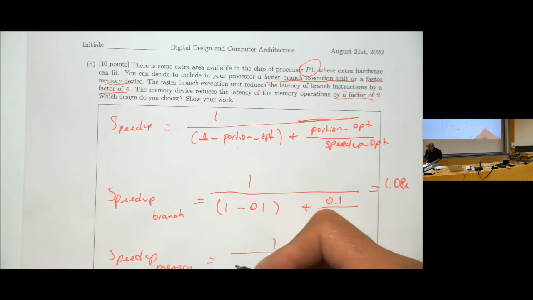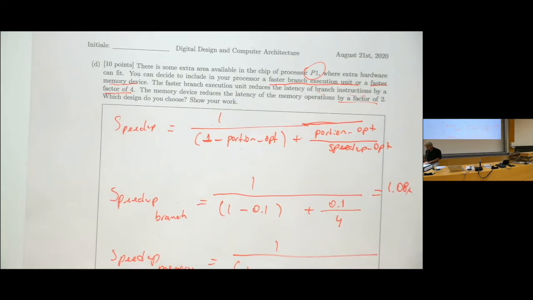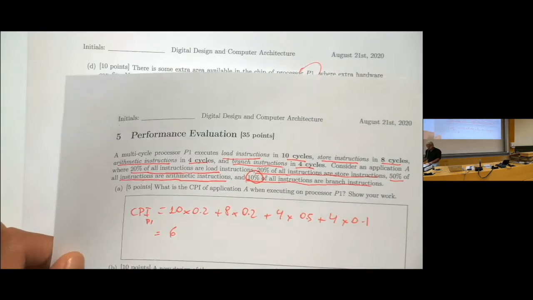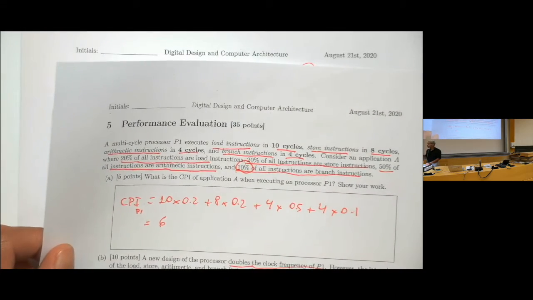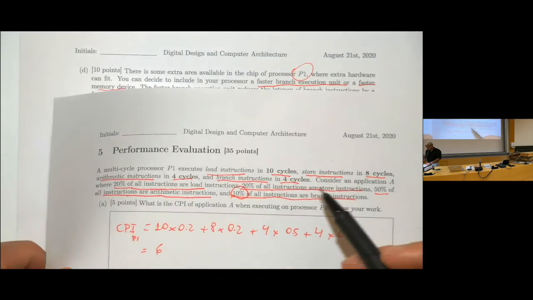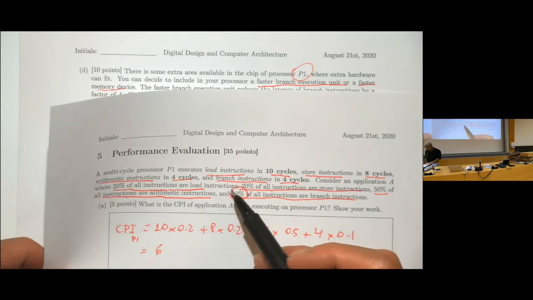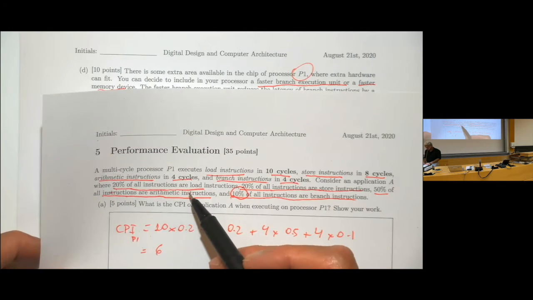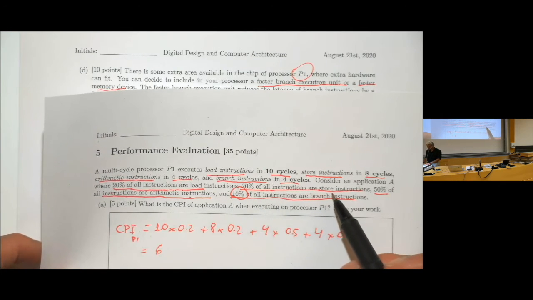Then you do the same for the memory. 1 over 1 minus the portion that you're optimizing, right? This is a memory unit, so this memory unit supports both load and store operations. So you have 20% of all of the instructions are loads and 20% of all of the instructions are stores.